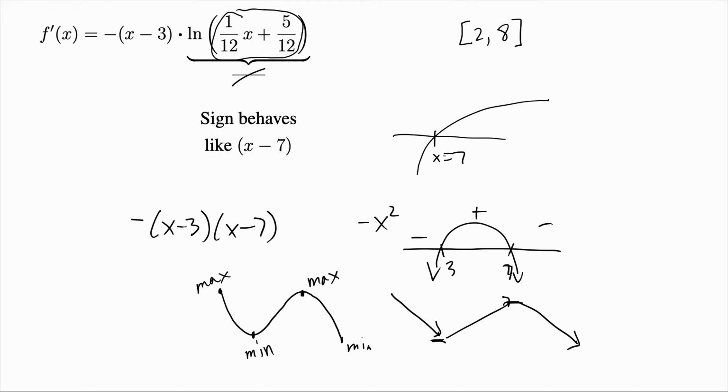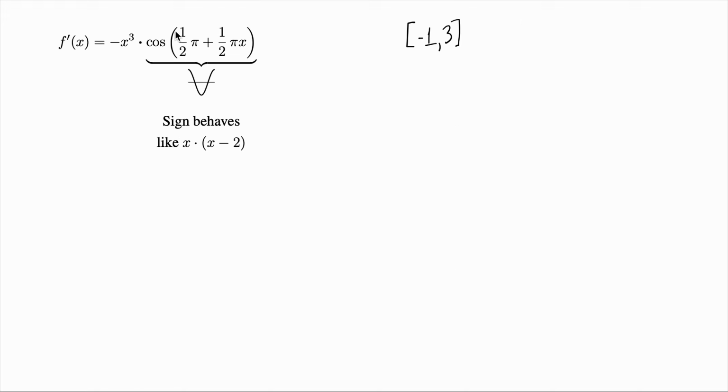All right, and one more. Let's take a look at this cosine graph. Actually, if you look at this and you think about how the cosine graph shifts, it looks a lot like we're looking at a piece of it from -1 to 3, and we're going to be hitting at 0 and 2.